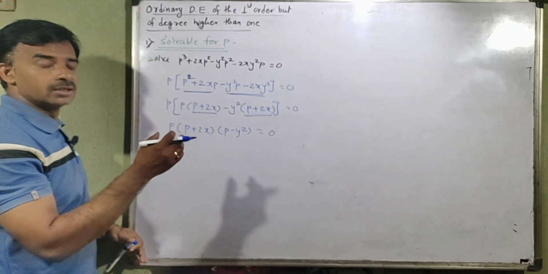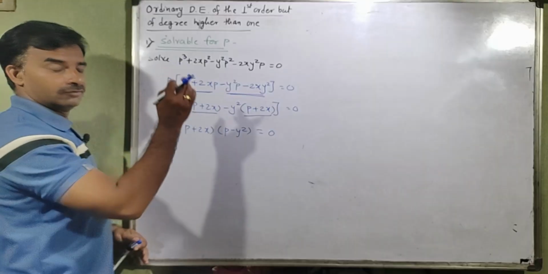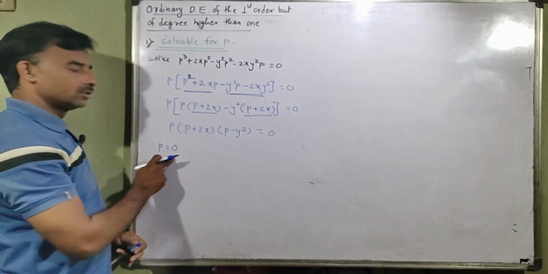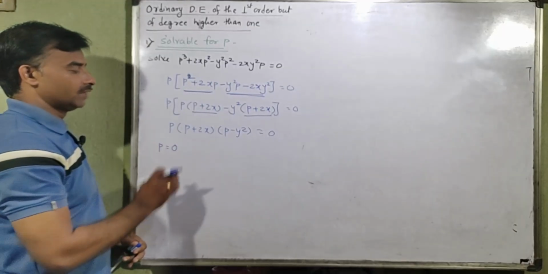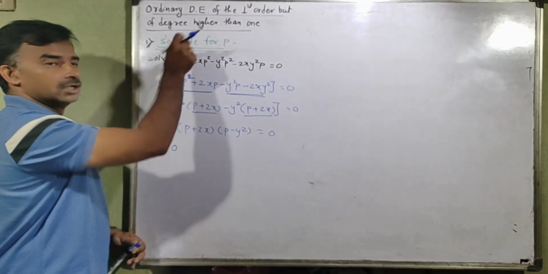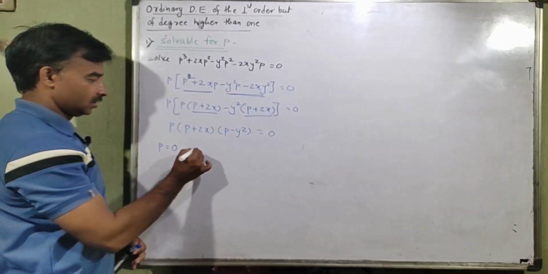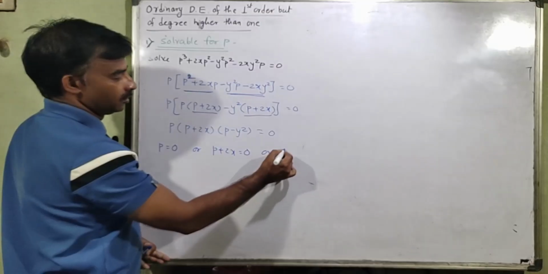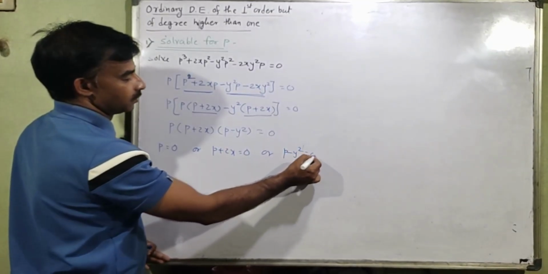Those are the different types of first order first degree differential equation. According to that, we can solve these differential equations and find the general solution for that first order third degree differential equation, and therefore p plus 2x is equal to 0, or p minus y square is equal to 0.